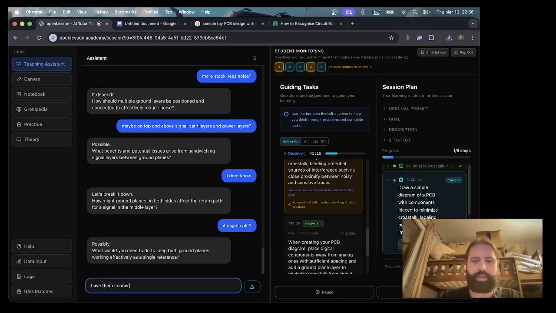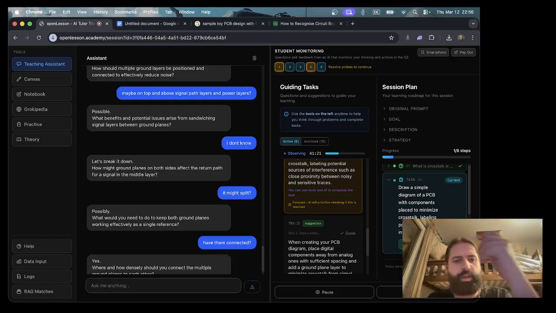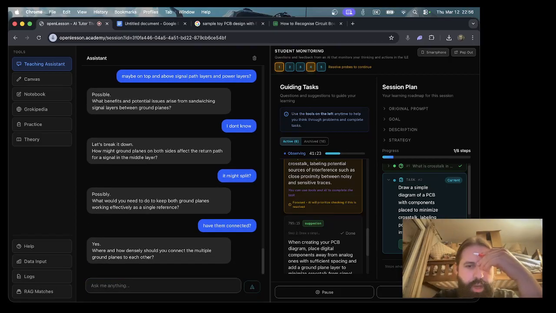Have them connected. I guess that will be yes. Where and how densely should they connect the multiple ground planes to each other? Where and how dense?